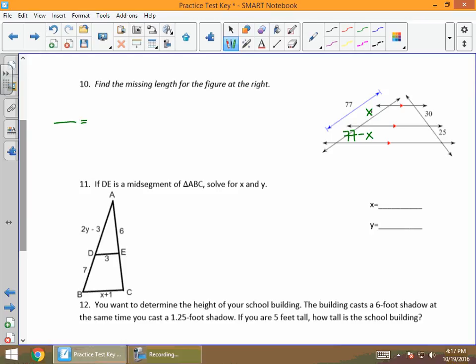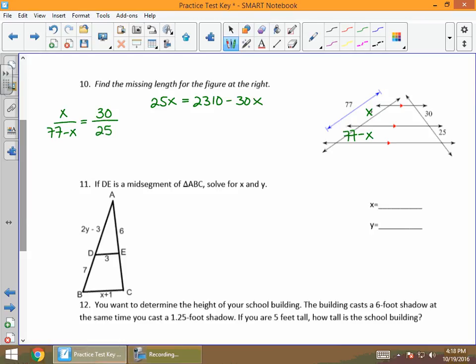So my ratio, I'll just do my left side, one on top of the other. x is over 77 minus x, and the right side is 30 over 25. All right, cross multiply. x times 25 is 25x, and that is equal to 30 times 77, which is 2310, minus 30x.